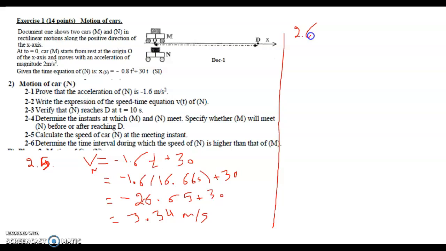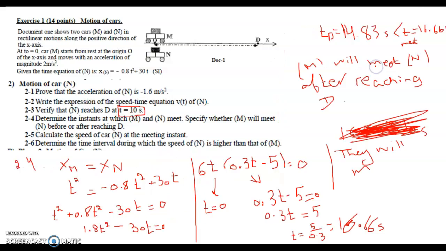So now the question is, speed of N is higher. We have to write an inequality, which is that V of N is greater than V of M, and substitute the expressions. V of N is minus 1.6 t plus 30 greater than, we said that V of M is equal to 2t.